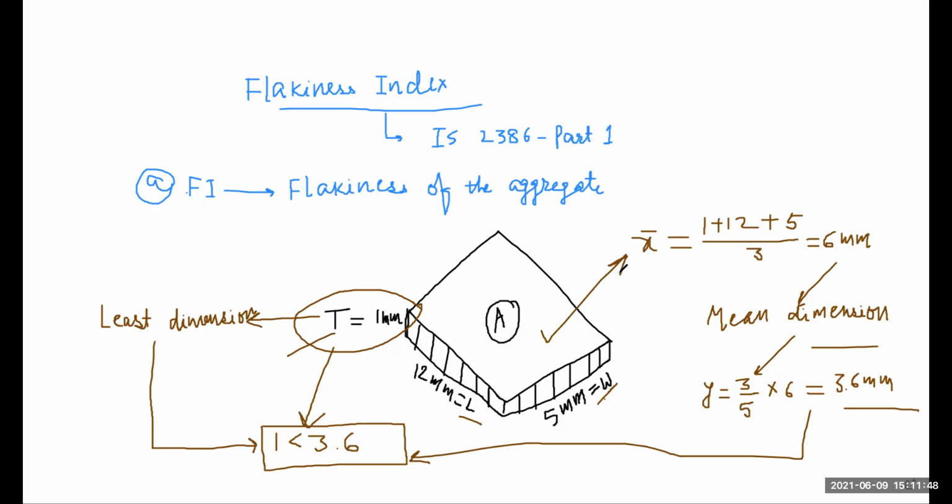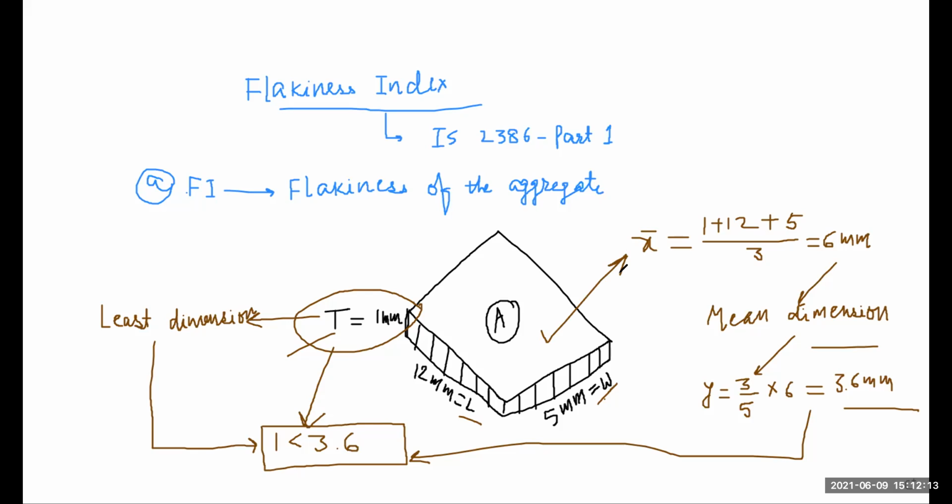In many examinations they simply give the length of the aggregate, the width of the aggregate, and the thickness of the aggregate. Option A, the aggregate is flaky. Option B, the aggregate is elongated. Option C, the aggregate is elongated and flaky both. Option D, none of these. So you just apply this formula. My formula says mean is equal to all three dimensions divided by 3.